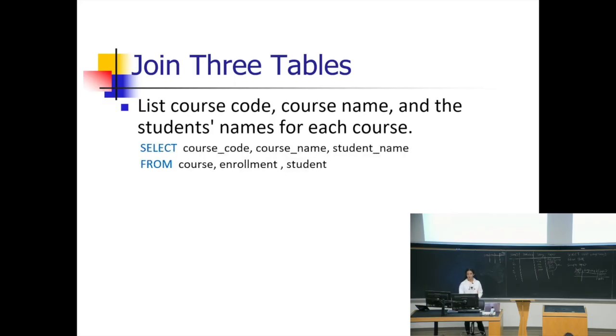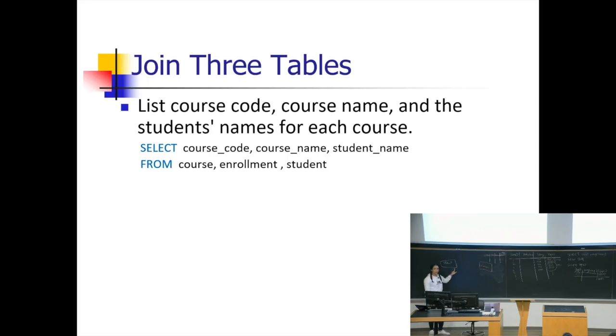But why do I write join three tables? Why do we need enrollment? Because it's a many-to-many relationship. Yes, because course and student have a many-to-many relationship, and there wasn't any direct link between a student and a course. Do you remember that? We had a student, and this was course.